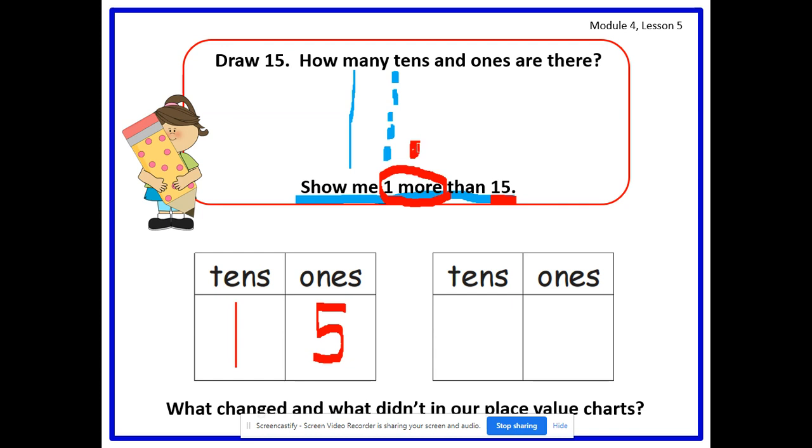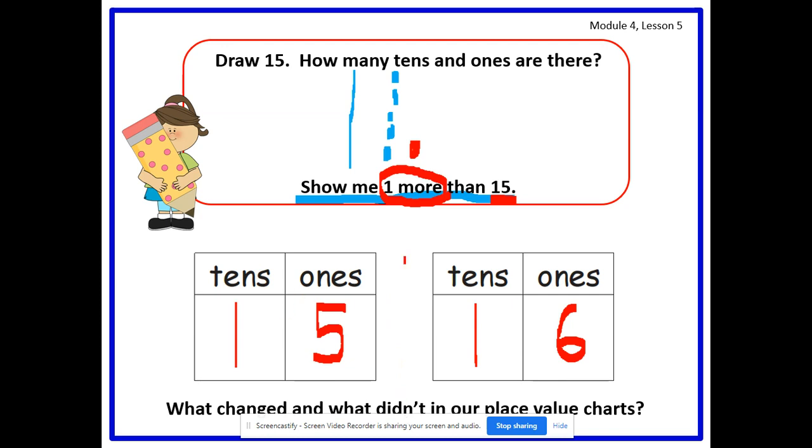So I'm going to draw one more. And I'm only adding a 1 because we're only adding one more. So now, how many tens do we have? Yes, we still have 1 10. How many ones do we have? Yes, 6 ones.